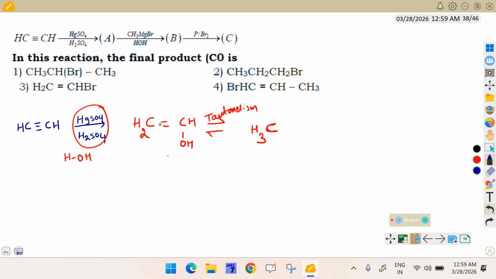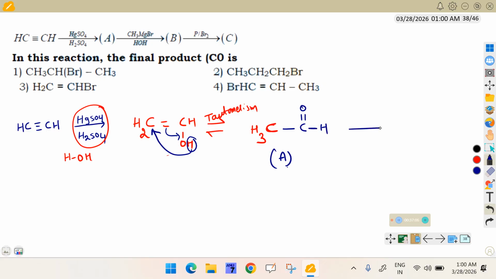How? Pi bond moves towards the oxygen side and proton moves towards the unsaturated carbon which contains more number of hydrogens. Then it gives CH3CHO. This is A. CH3CHO, carbonyl group is present. Carbonyl compounds are more reactive towards nucleophilic addition reactions.